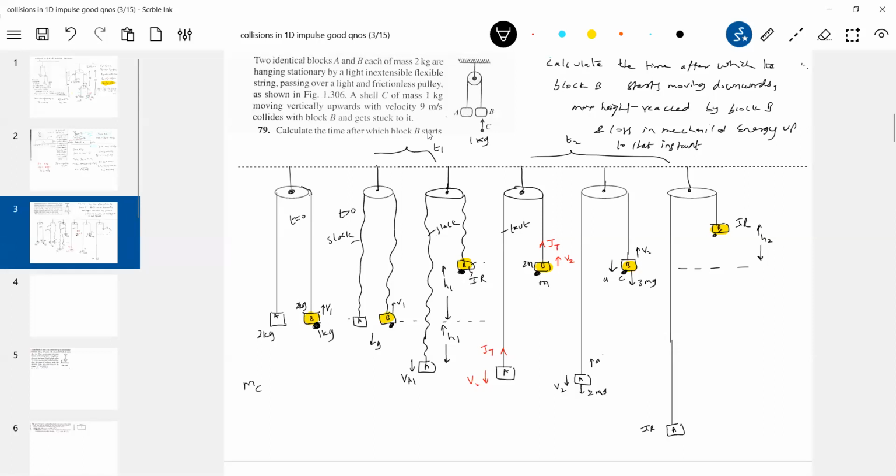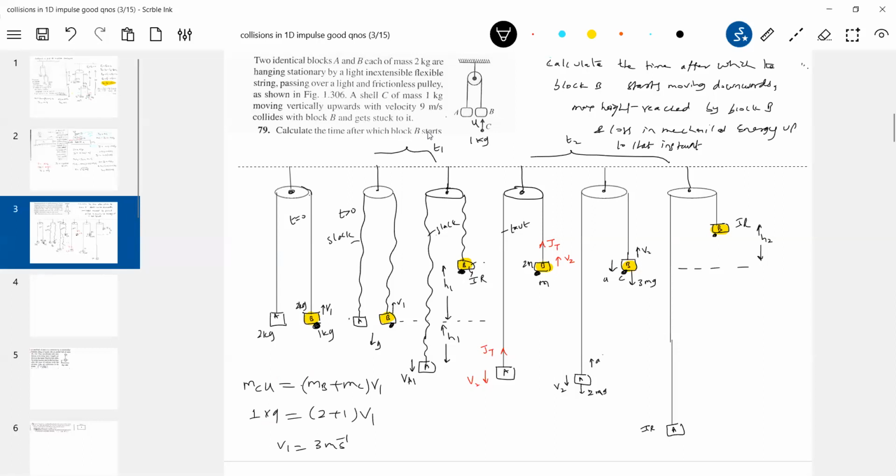Let me take this as U. MC U is equal to (MB plus MC) into V1. So this is 1 kg, U is 9 meter per second, equal to (2 plus 1) into V. So V1 equals 3 meter per second. Okay, after getting this, I got V1.